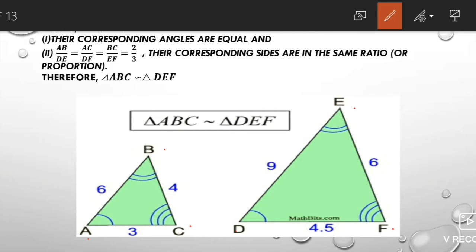As you can see from the symbols in these two figures, this angle A is equal to this angle D. Here angle B is equal to angle E, and angle C is equal to angle F. That means you can say that their corresponding angles are equal. So for these two triangles ABC and DEF, the corresponding angles are equal.